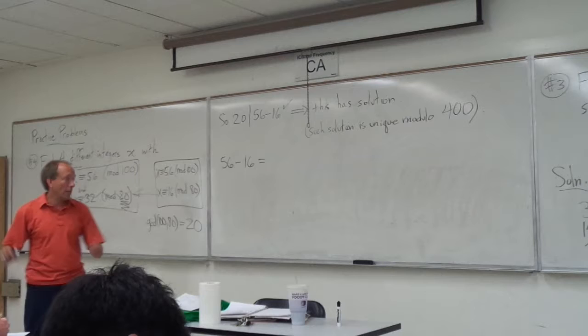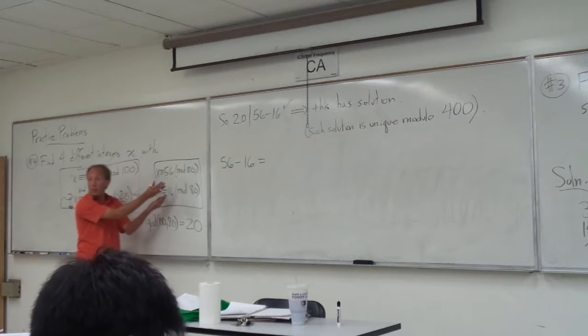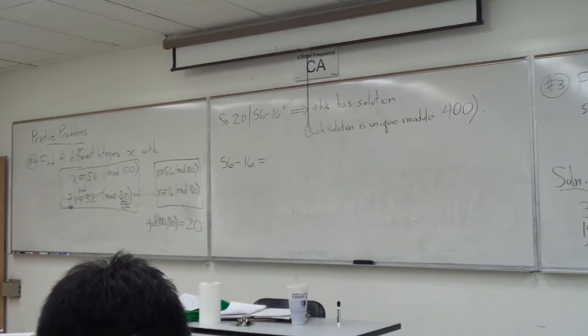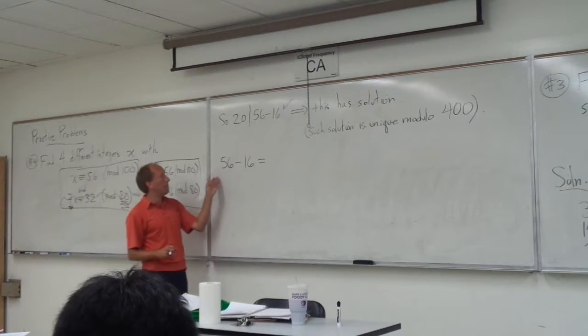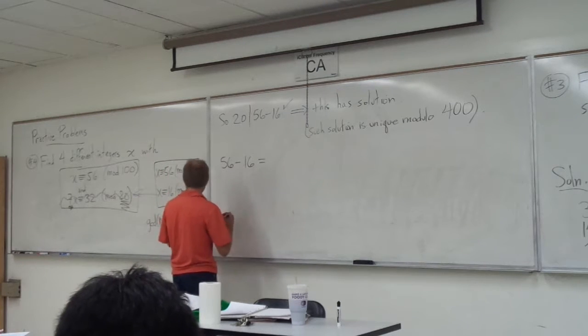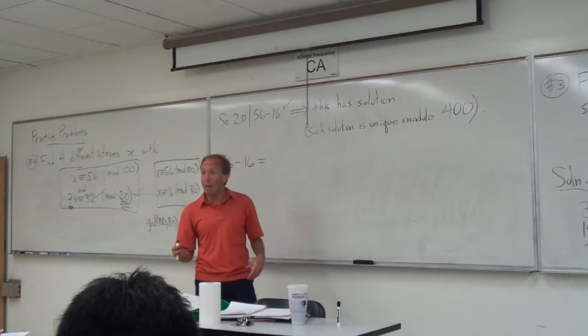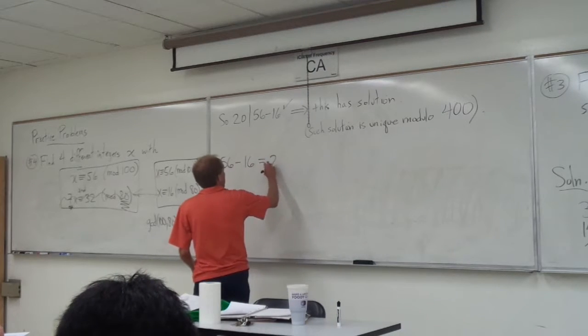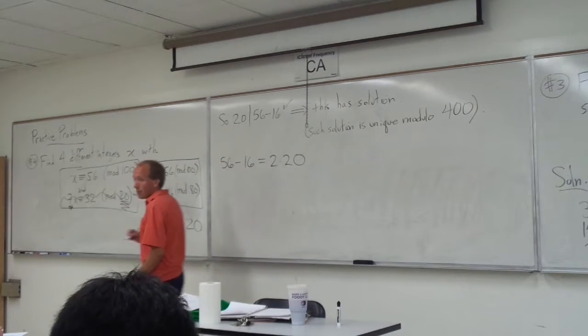So far, all I did was replace the old system with a better system. I checked that it did have a solution. Now I'm actually finding it. So I'm reminding you how that works. The way it works is you take the A minus B. You know that it's a multiple of the GCD, otherwise you would have stopped and said there's no solution. So there has to be a solution, and you just simply take 2 times 20 in this case.